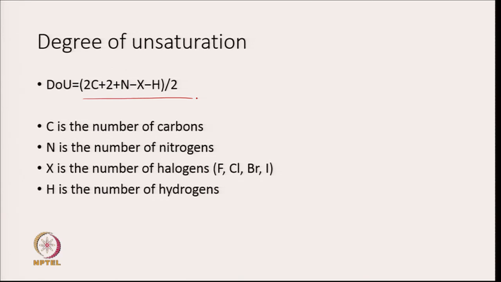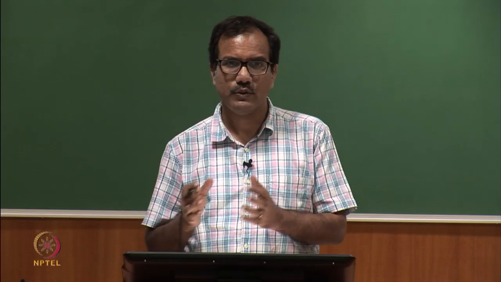That will give you the degree of unsaturation. So, just by looking at the molecular mass you can know the formula, and once you know the formula you can calculate the degree of unsaturation.